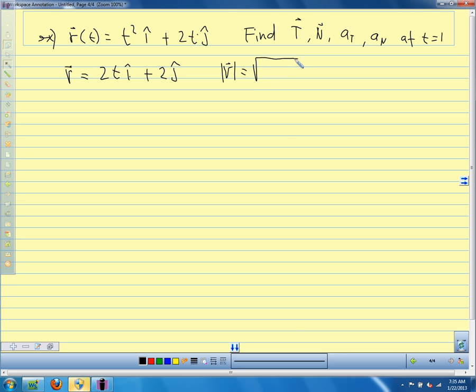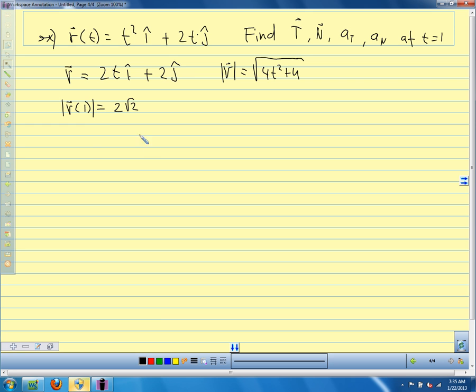The square root of 4t squared plus 4. So the speed at time 1, I plug in 1 here, is 2 square root 2.